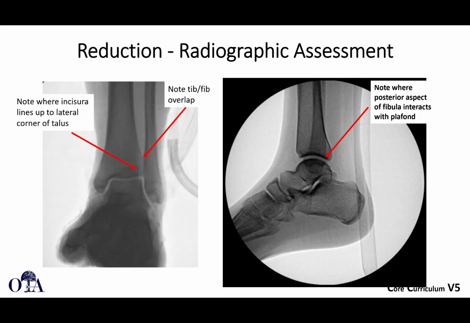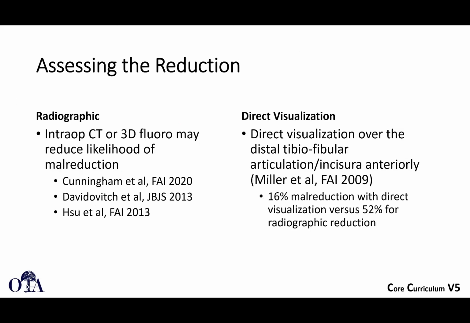On the lateral, you want to see where the posterior aspect of the fibula interacts with the plafond, and where you are, A to P. If you have the ability to do this, intra-op CT or fluoro can help to show you what's going on a little better and might reduce the likelihood of malreduction. Direct visualization over the tib-fib articulation anteriorly can maybe help to show you the joint, at least from that perspective.